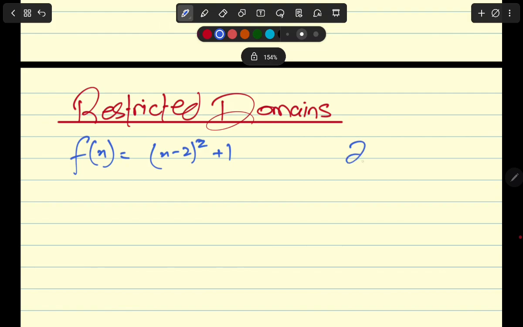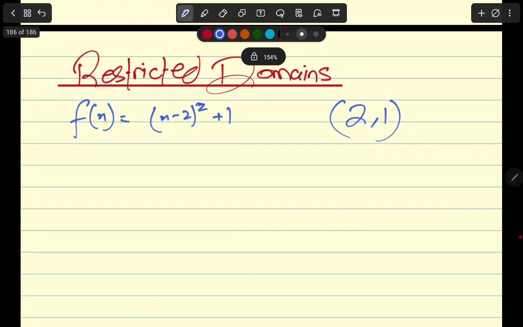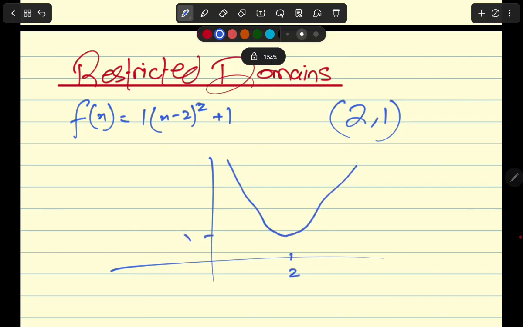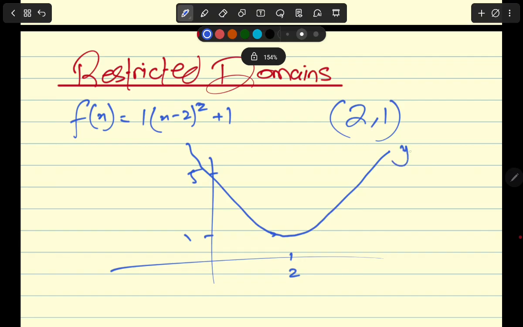So you automatically know that (2, 1) is going to be the turning point of this function, and since there is a 1 here, a quantity which is greater than 0, this is a minimum type function. So this is 2, this is 1, so the curve goes like this, right? And let's say if I take x is equal to 0, then this becomes 5. Okay, so the curve goes like this. This is what this function is going to look like.